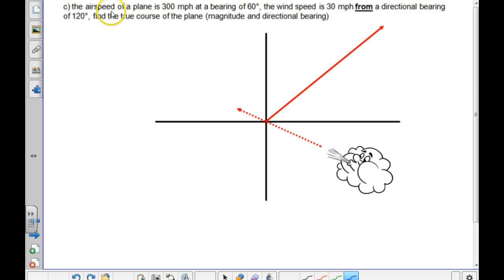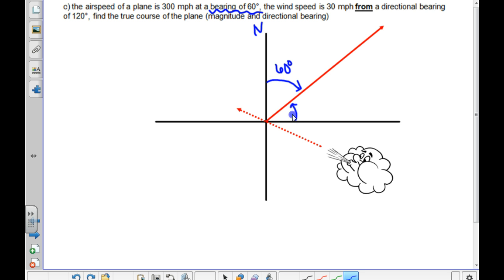This question says the airspeed of a plane is 300 miles per hour at a bearing of 60 degrees. Anybody know where that 60 degrees is going to go? Off of north, so it's this one. We can't use that angle for our component form. We need this angle.